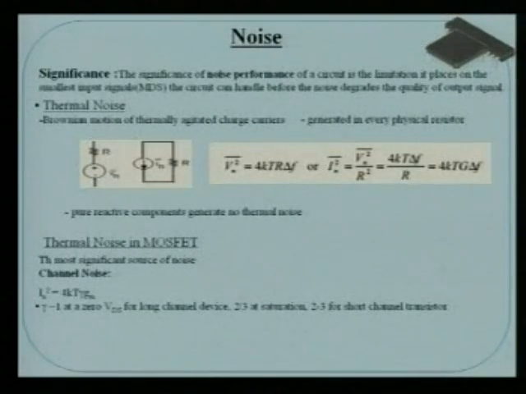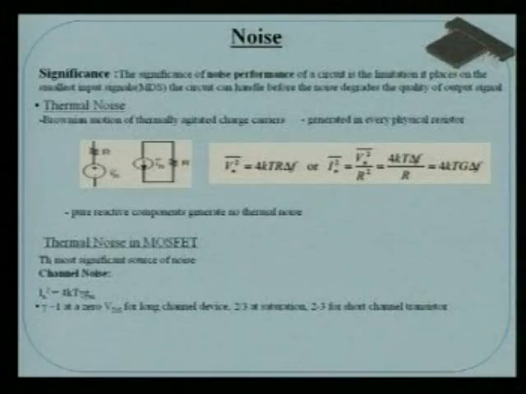Now I quickly go into various issues like noise. For example, a resistance. If you model the resistance, what is the noise of a resistance? It is 4kTΔf, and this 4kTΔf is the noise either in terms of voltage in series with the resistance, or in terms of current, which is 4kTΔf/R, in parallel to the resistance.